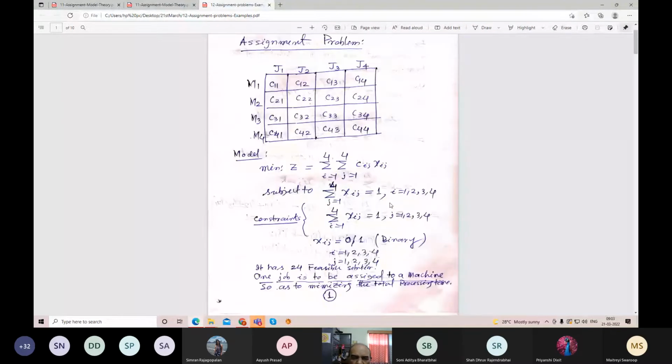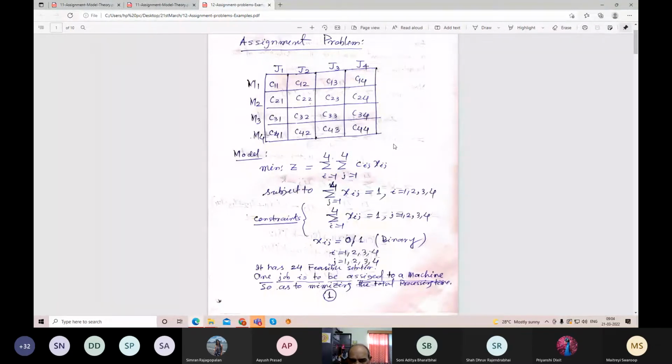So see, n equal to 4. If somebody is trying solutions arbitrarily, there are 24 feasible solutions, 4 into 3 into 2 into 1, because first you can assign to the first machine any of the 4 jobs.